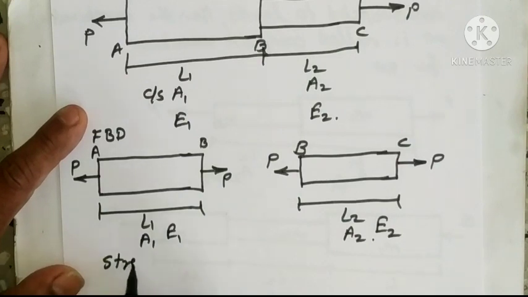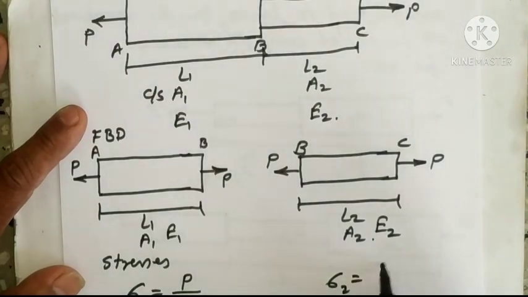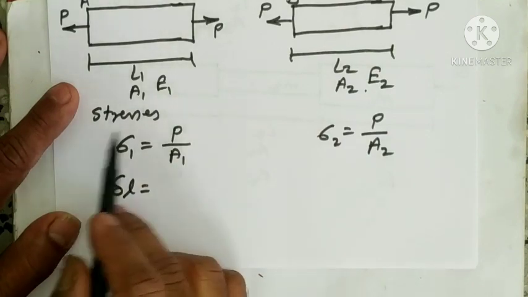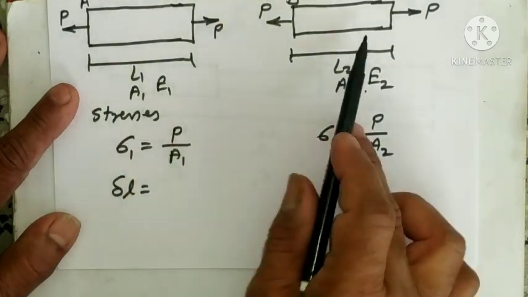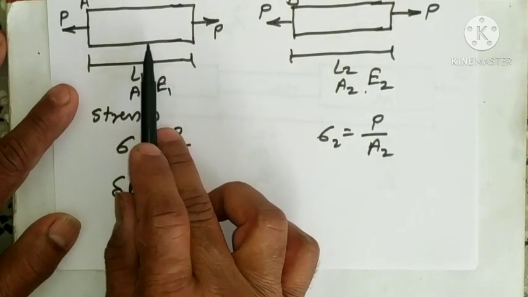Stresses: sigma 1 is equals to P upon A1, sigma 2 is equals to P upon A2. Stresses apply on the two different FBDs.